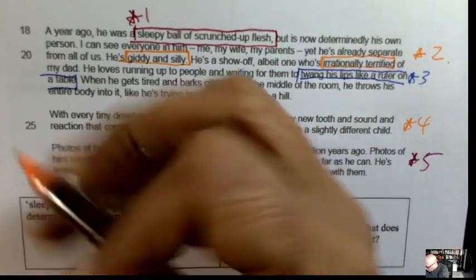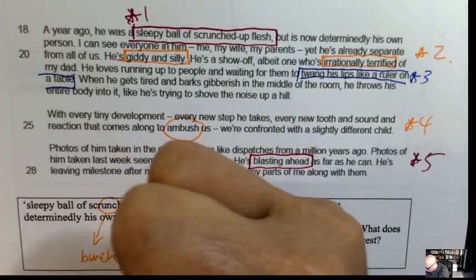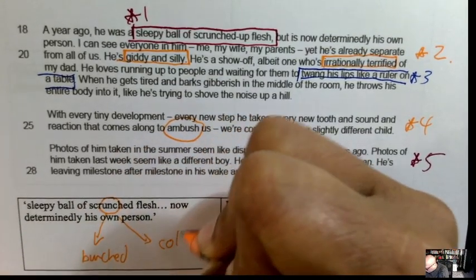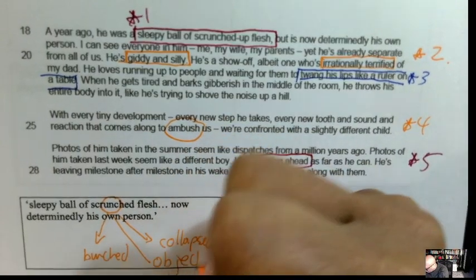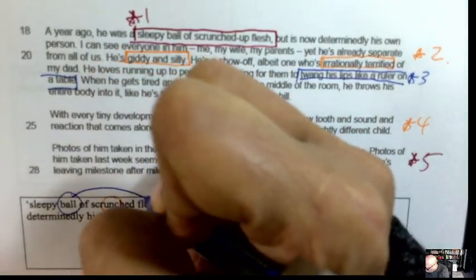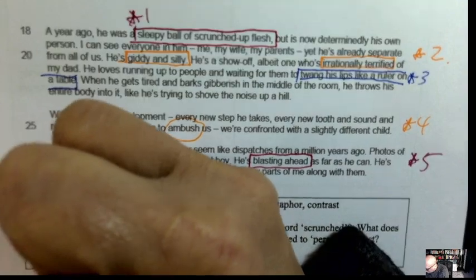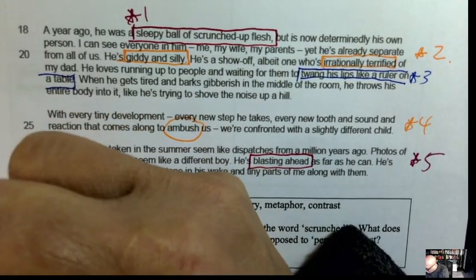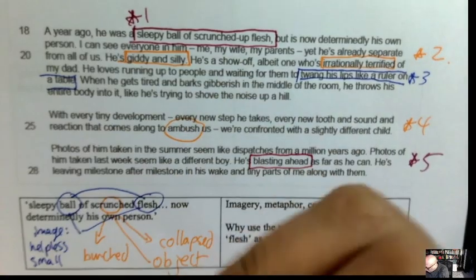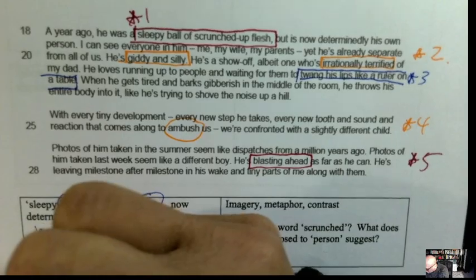Scrunched implies bunched up, collapsed, and an object is what that sleepy ball of flesh, I think, gives me the image of: something helpless, small, passive, dependent.